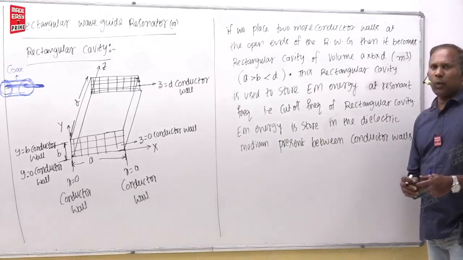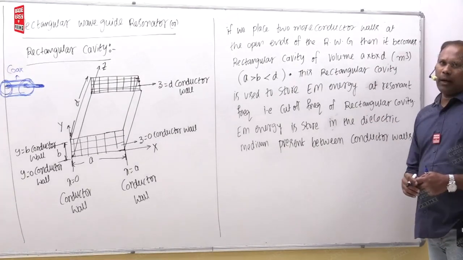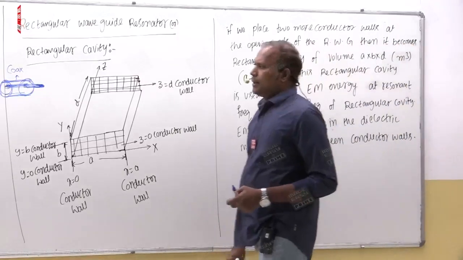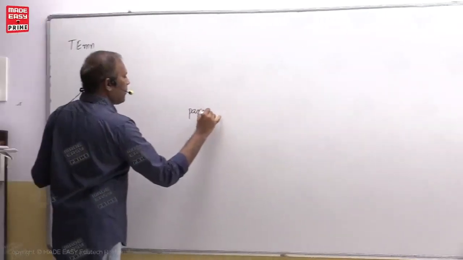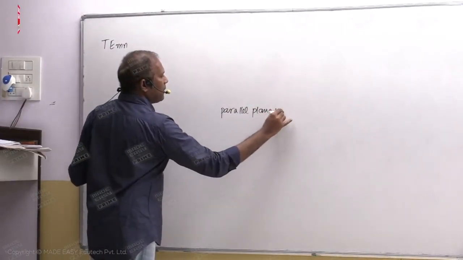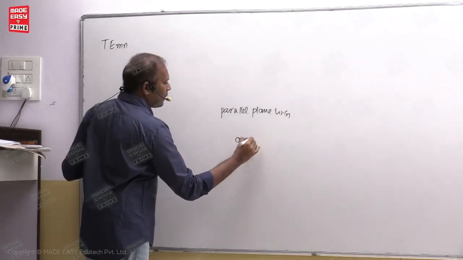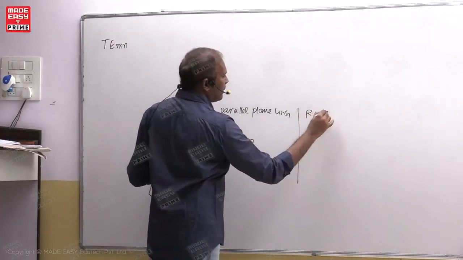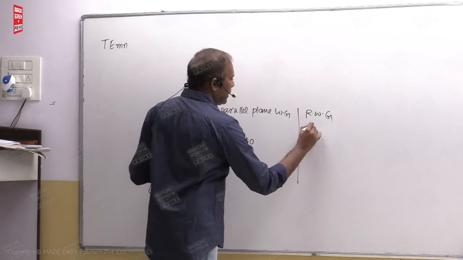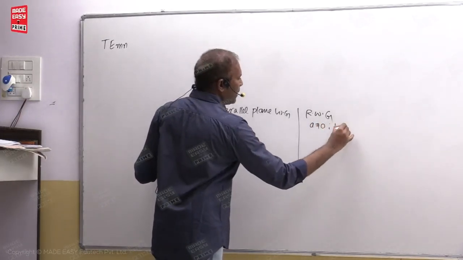Now once again it has two modes, TE mode and TM mode. So in this TE mode, it has TE MN. Actually, student, till now I was telling you parallel plane waveguide, A not 0, only one integer is there. Rectangular waveguide, A not 0, B not 0.